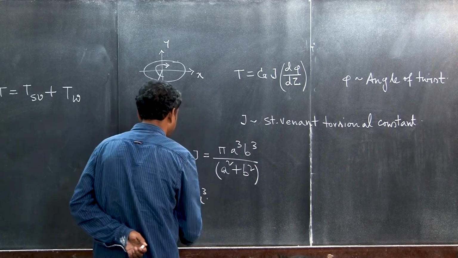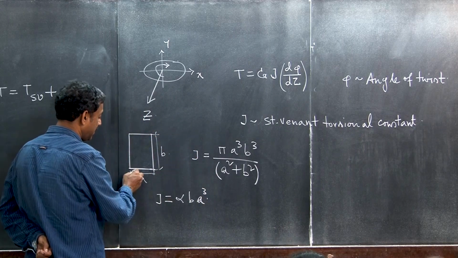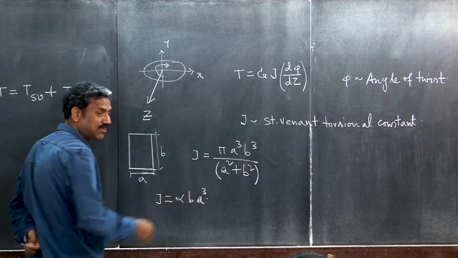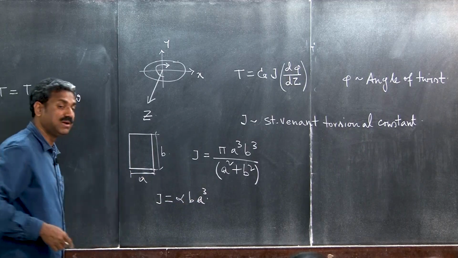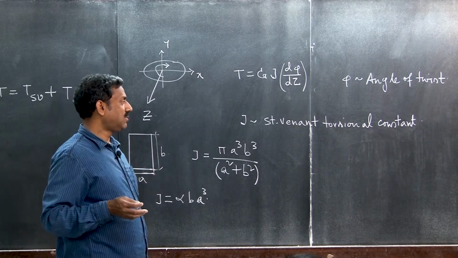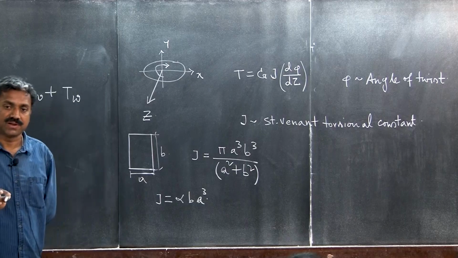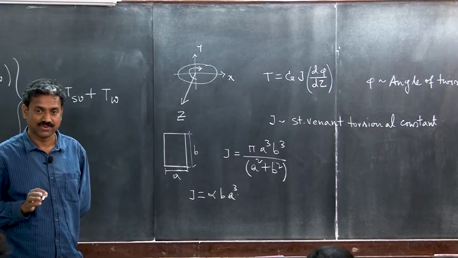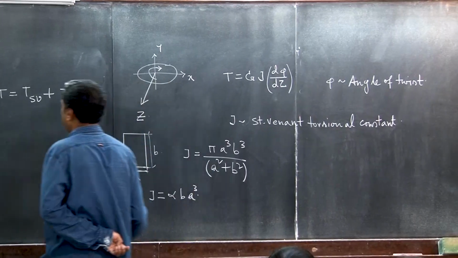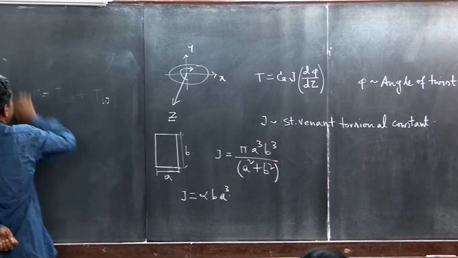What is that B into A cube? Whatever is the smaller dimension will come as cube, and alpha is some constant. For different cases, alpha will be different. So, you know how to find out the Saint-Venant torsional constant for different sections, that we have learned in the mechanics course.